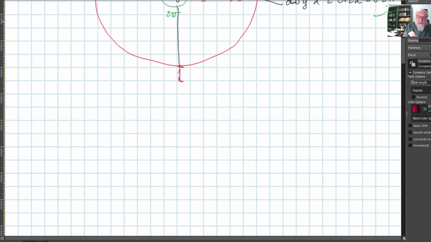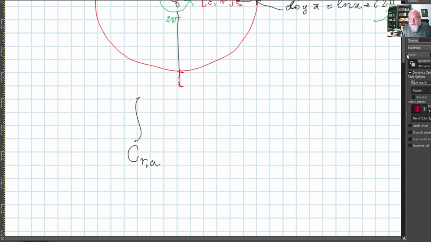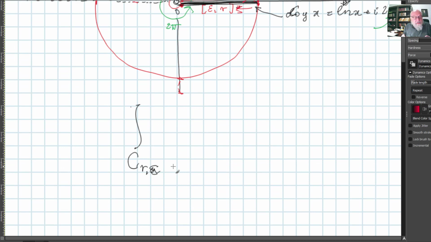So let me write it now. We will be writing the integral over this contour C, the complete contour. Call this one C_R, and this one C_epsilon.